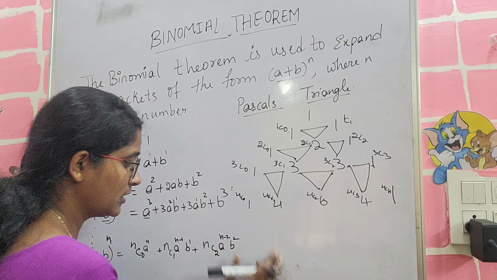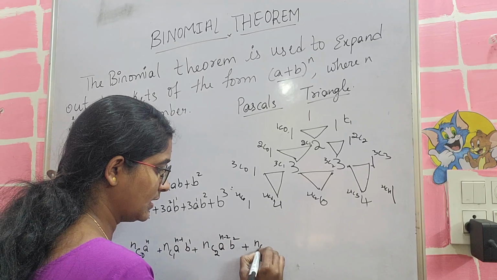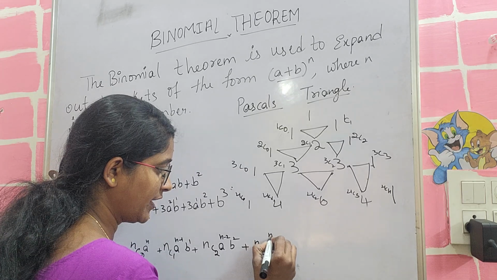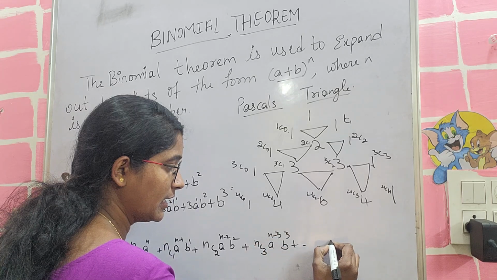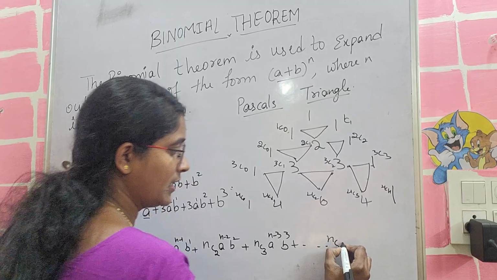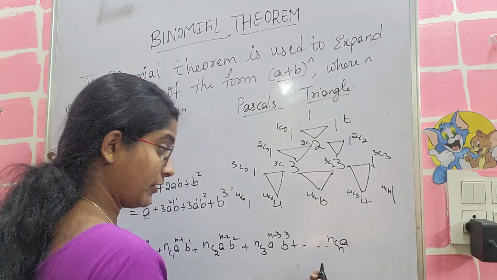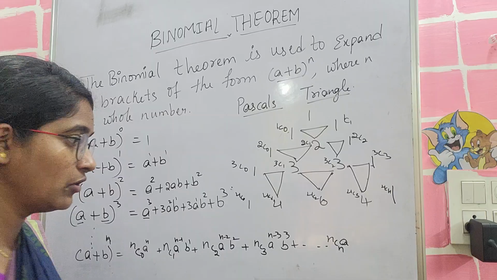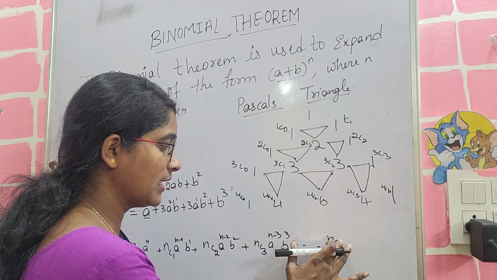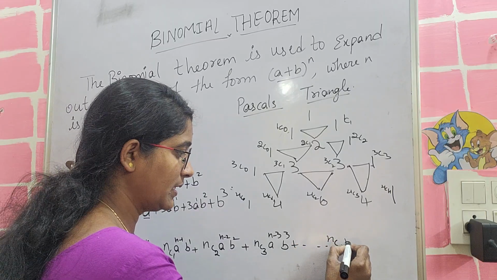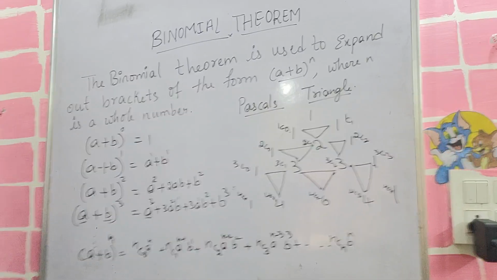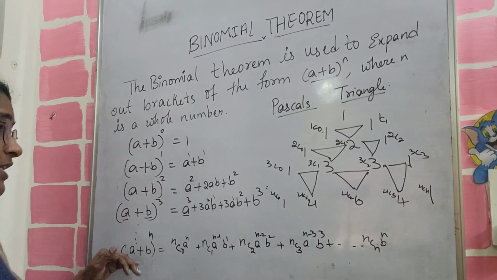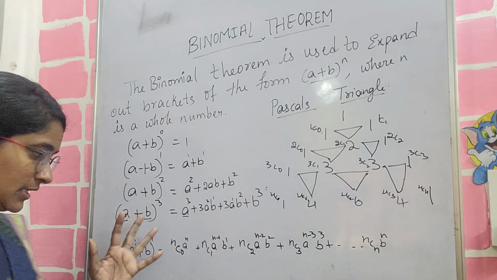Then the next term is nc3, a power of n minus 3 and b power of 3, and so on. Here if I write ncn, a power of n minus n is 0, so the a term will not be there, and then b term is b power of n. This is the standard form of (a plus b) whole power of n, opening the brackets.